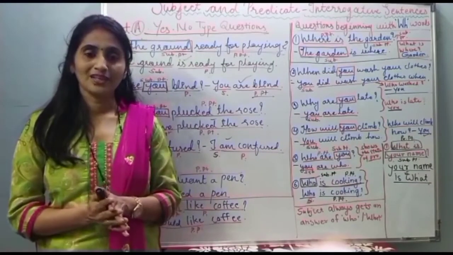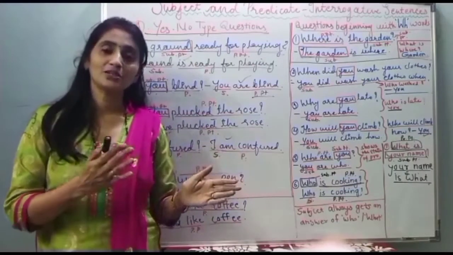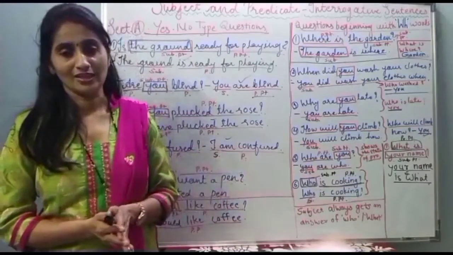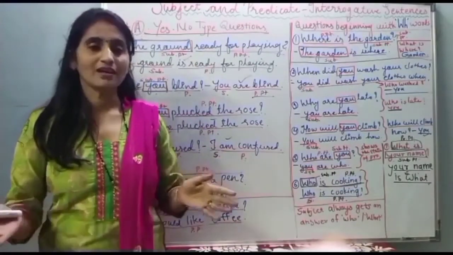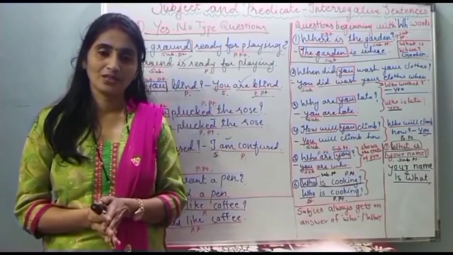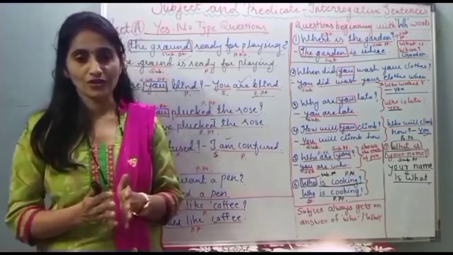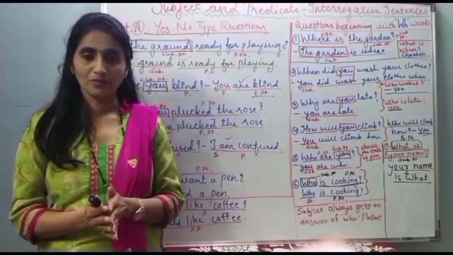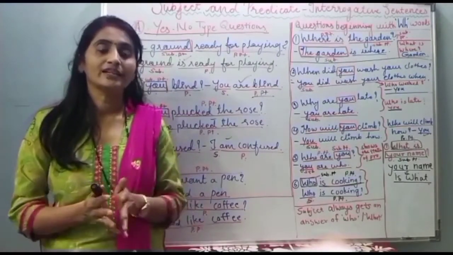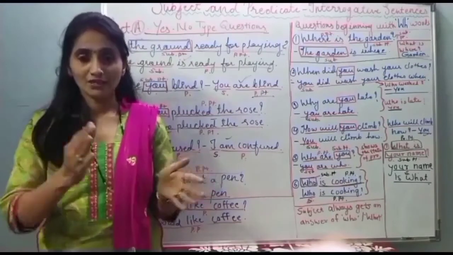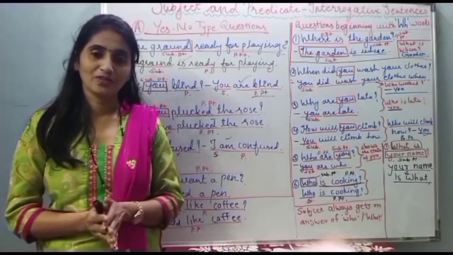आपको क्या करना है? बस interrogative sentence को statement में convert करके लिखना है। Subject आसानी से मिल जाएगा। The second thing is that if you ask a question with whom or what, we can easily get the answer. The answer we get is the subject.